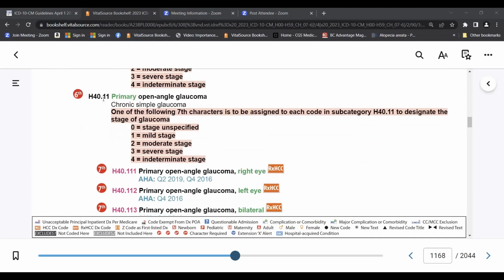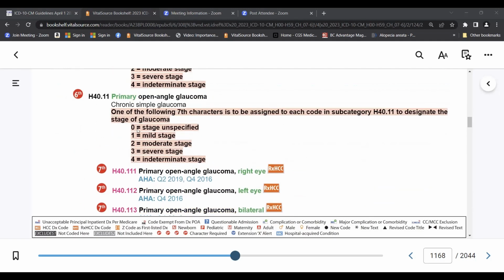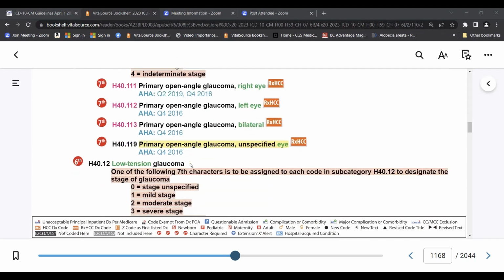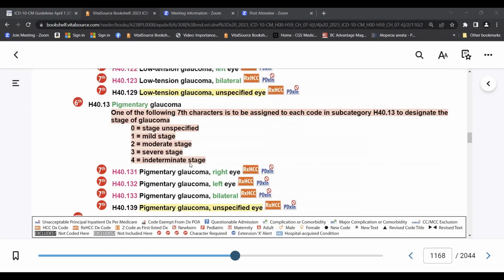And then you can see H40.11, primary open angle. You still have to worry about choosing the laterality, but notice that glaucoma also has stages. Stage 0 here would be unspecified. 1 is mild, 2 moderate, 3 severe, 4 indeterminate stage. So your choices would be based on the coding guidelines here.